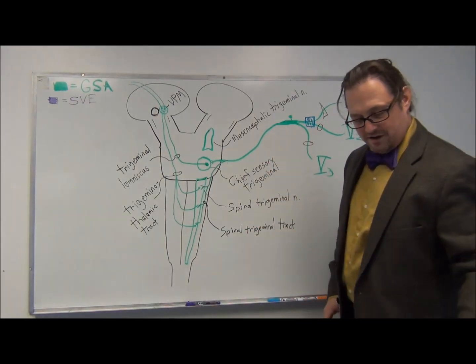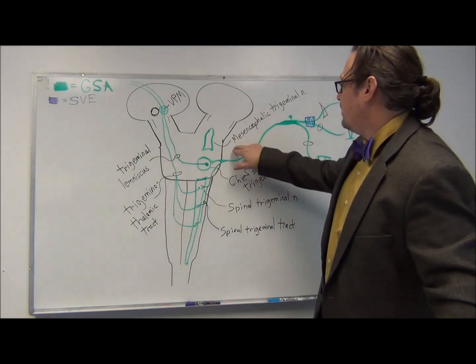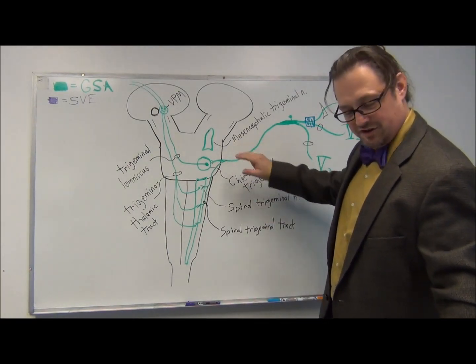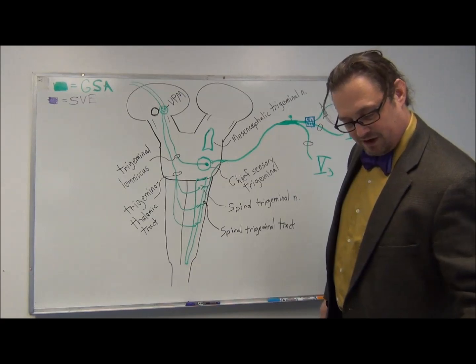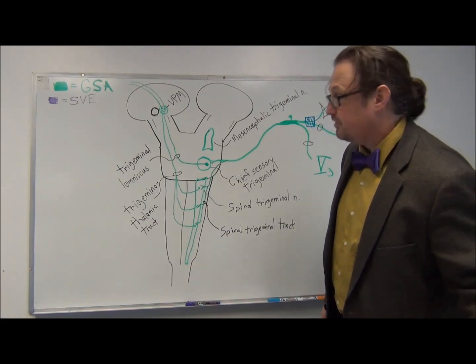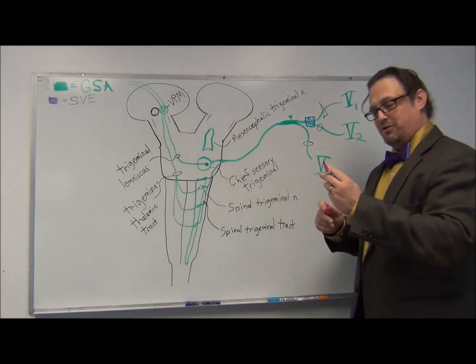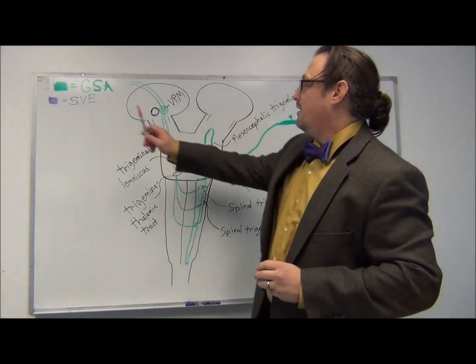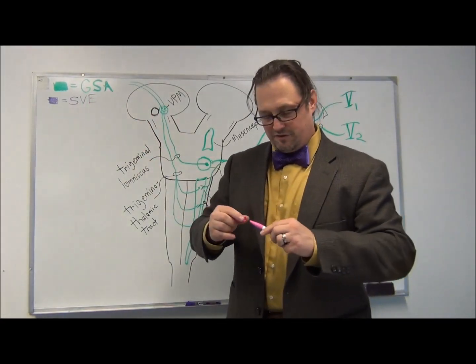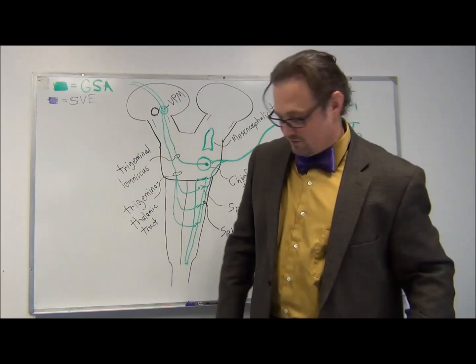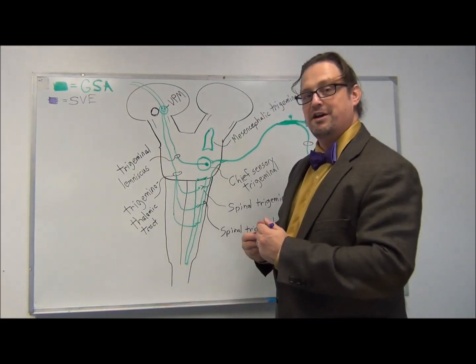Now, the one guy I left out right here, the mesencephalic trigeminal nucleus, is a bit of an oddball, and I left it out because it's closely tied in function to one more trigeminal nucleus. We've talked about SVE, special visceral efferents, that provide innervation to the muscles of mastication.